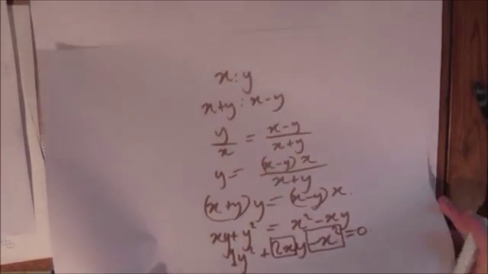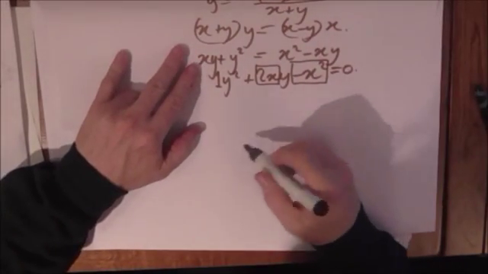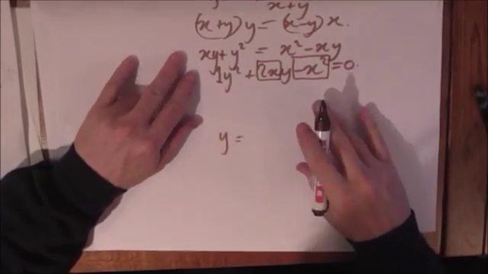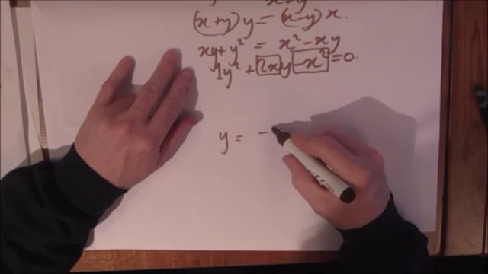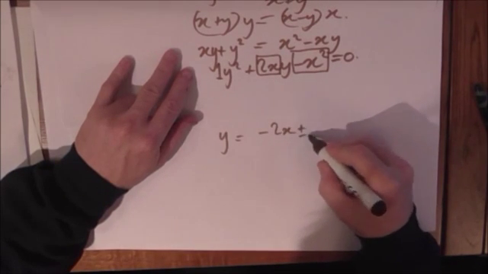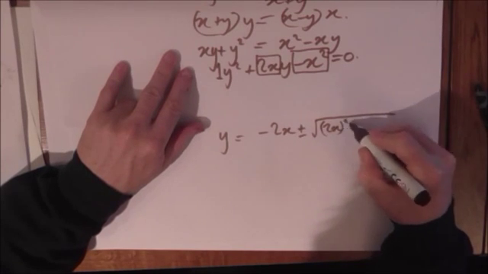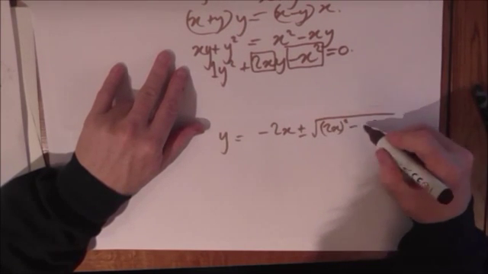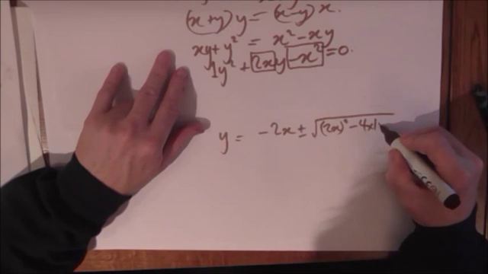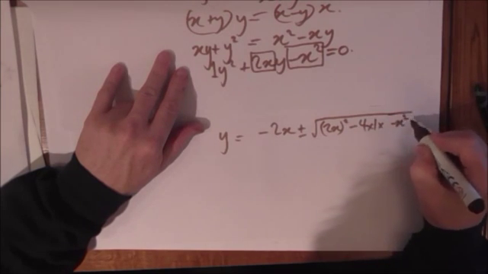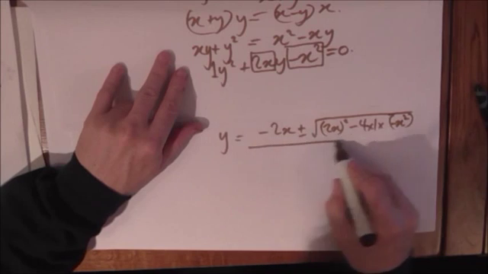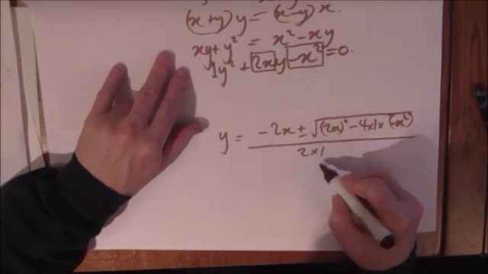So, I can therefore say that y equals negative B plus or minus the square root of b squared minus 4 times a times c all over 2 times a.